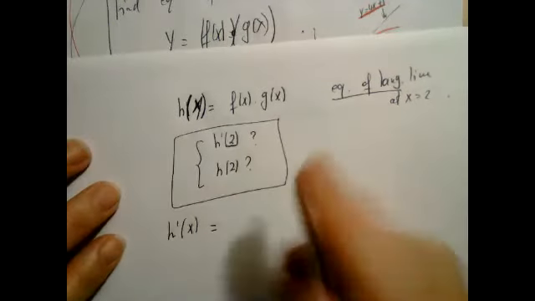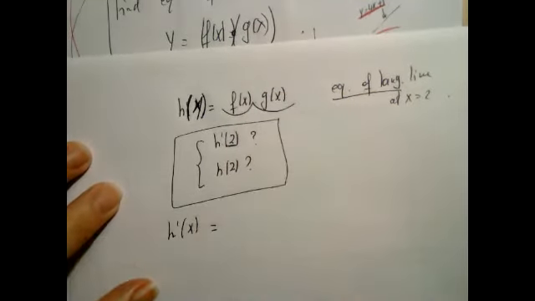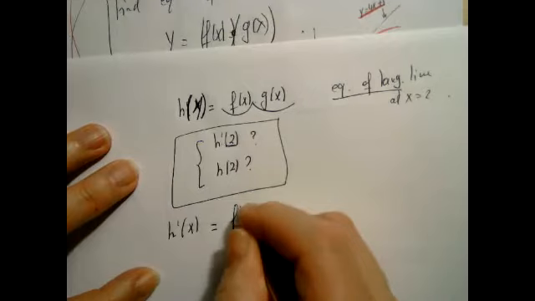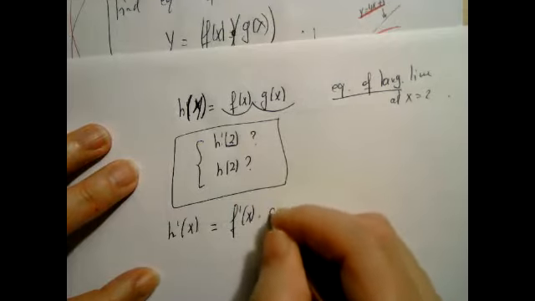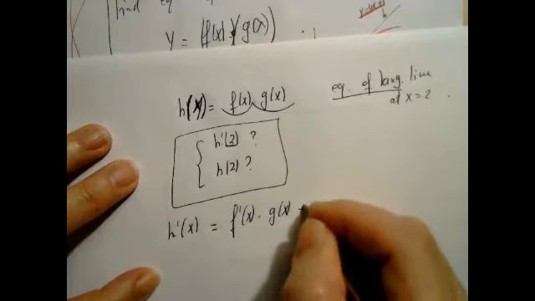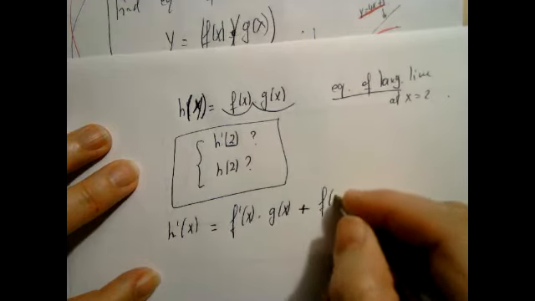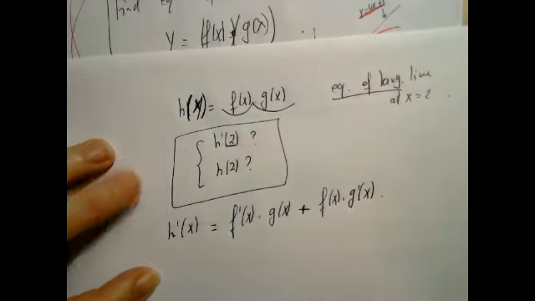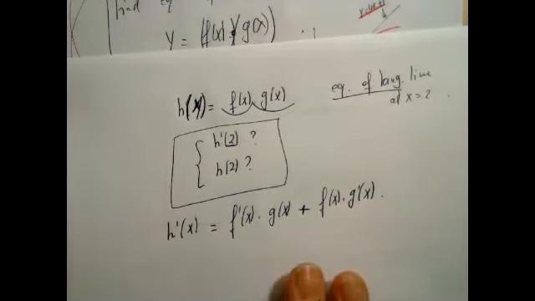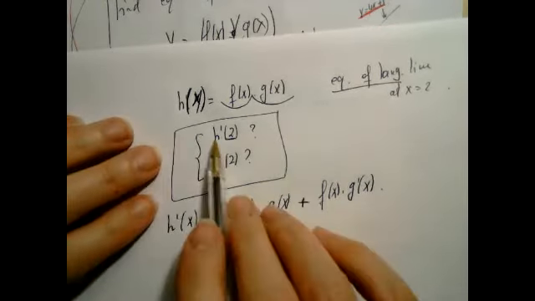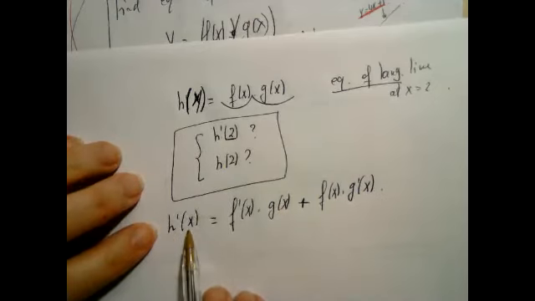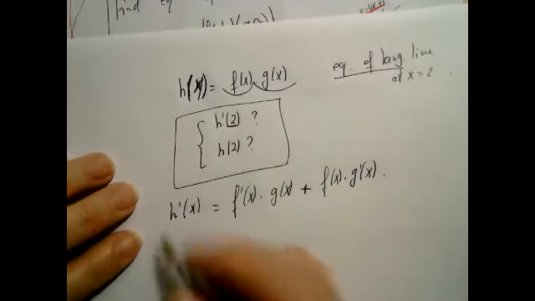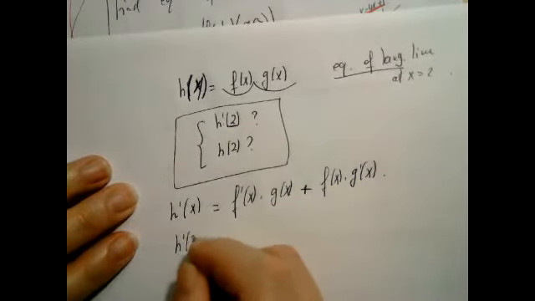What's the derivative? That's a product. So it's f prime times g plus f times g prime. Okay, so that's the derivative in general. So to find the derivative at 2, first I find it for any x. Now I zoom in at 2.